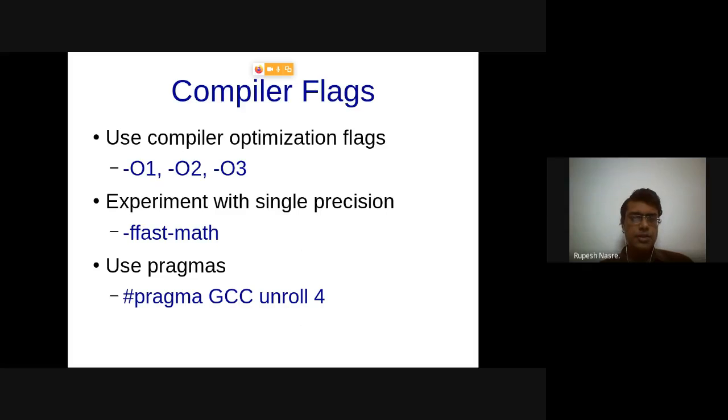Often it so happens that we compile our programs, let's say Fortran or C programs, using a compiler, let's say gfortran or GCC. There are optimizations that we do inside the code, but there are some optimizations which the compiler can do on its own, and that can be specified on the command line.